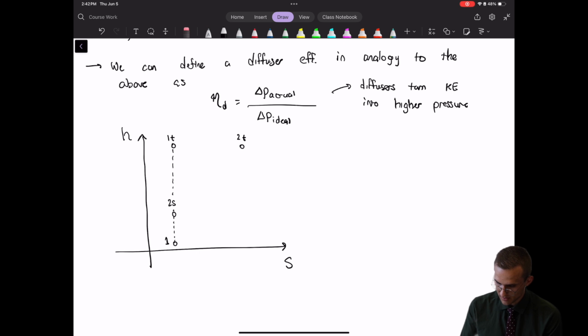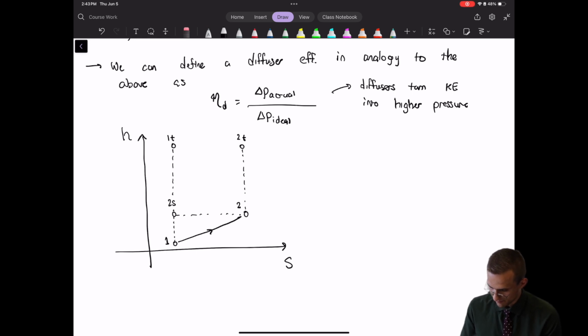And then our second state, we have to drop it down here. We'll say that it's like this, okay? It has the same enthalpy value as 2S, state 2, and then our state transition is that little line there, okay?